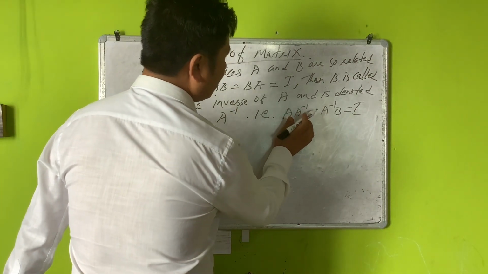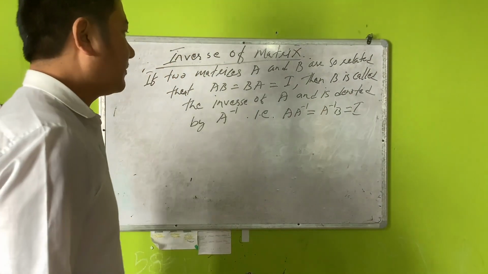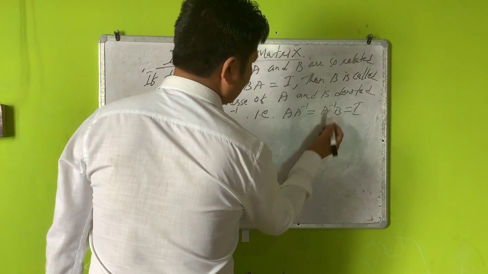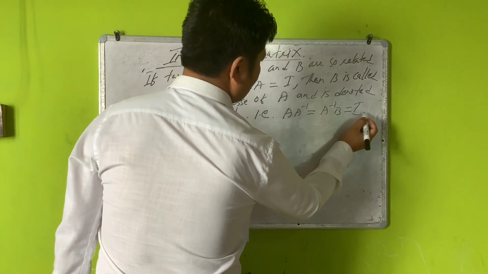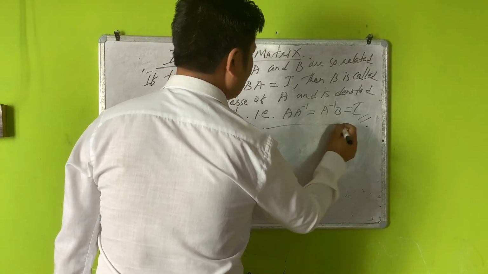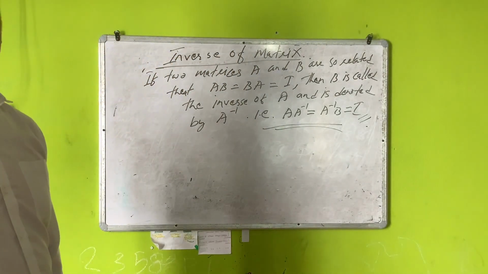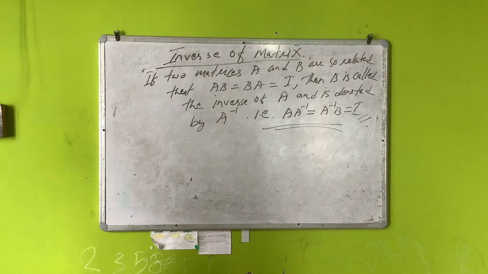Instead of writing B, we can write A inverse. Instead of writing B here, and also here, you can write A inverse. B is equal to I. If so, we can write A inverse in place of B. Okay, so this is the rule.